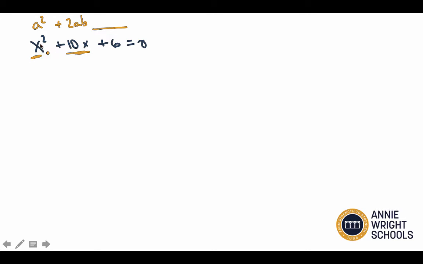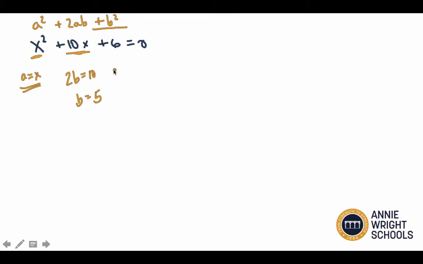So if I look at this as a squared, it's pretty easy to see that a equals x. And if I look at this as 2ab, then it's pretty easy to see, since we know a is x, that 2b is equal to 10. So what's b? 5. And so what has to go here is a b squared.